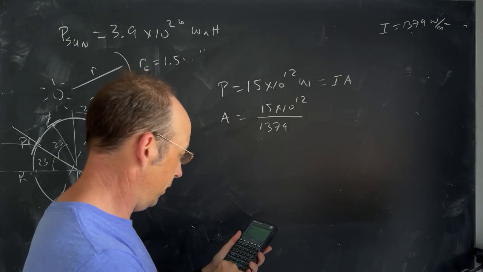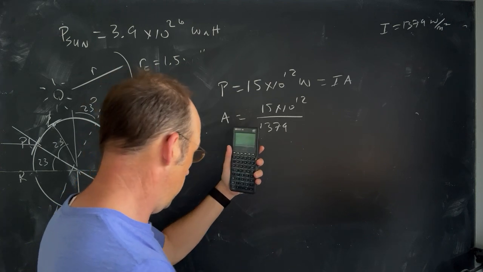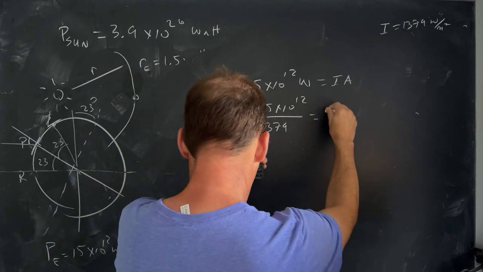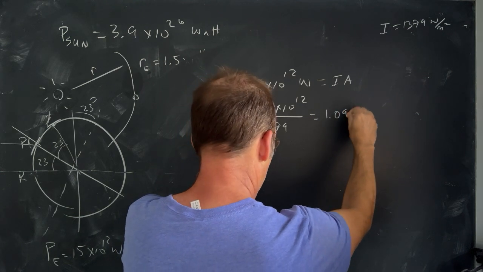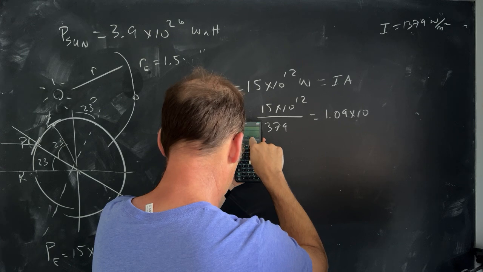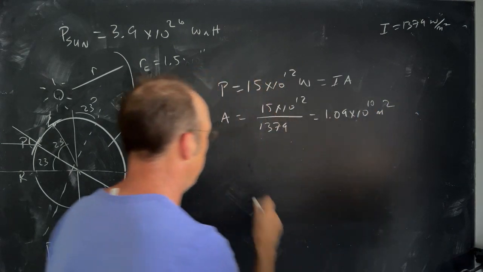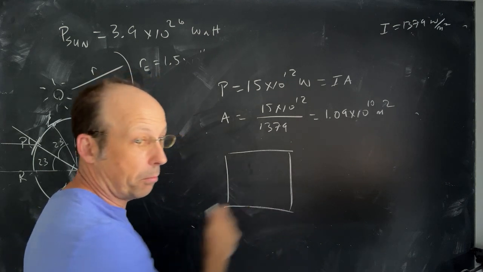If I do that, I get an area of 15 times 10 to the 12th divided by 1379, which is 1.09 times 10 to the 10 square meters. So imagine that I make that into a block like that.